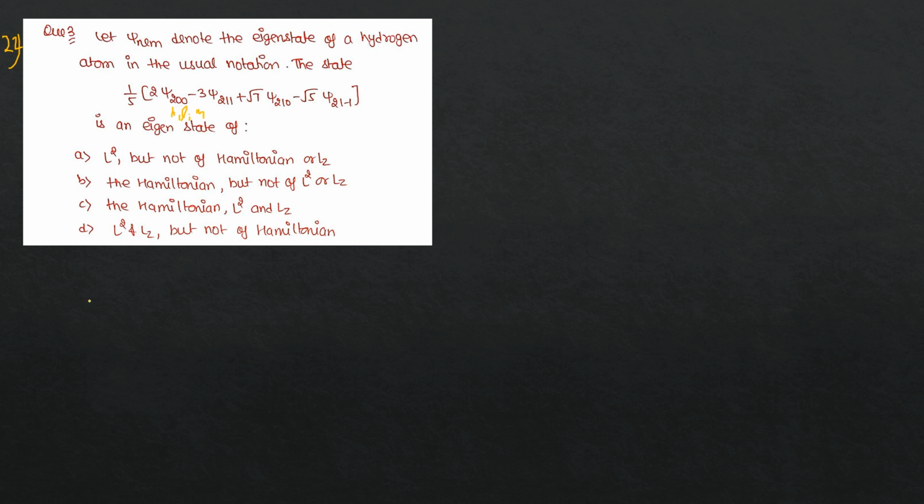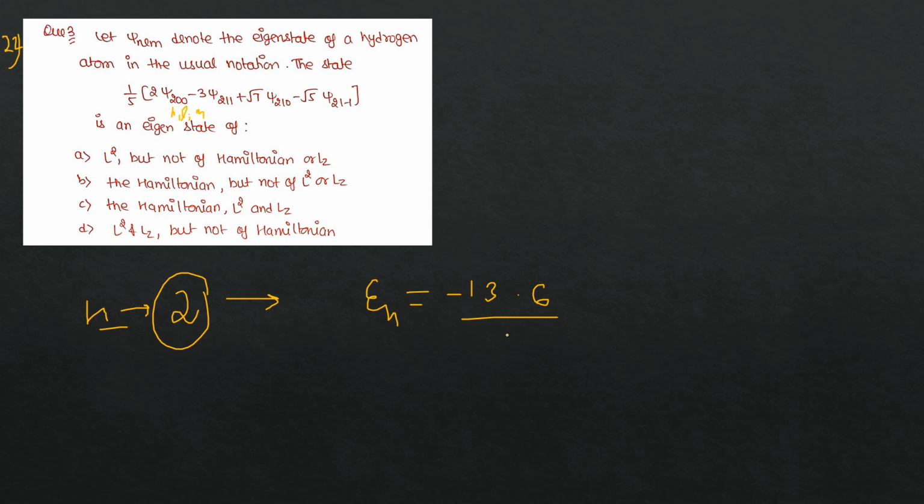See, we have to just check n value. N value in everything is 2. If you can see, n value is 2 everywhere, isn't it? For n value, what is your En? We know energy eigenvalue is minus 13.6 by n square electron volt.